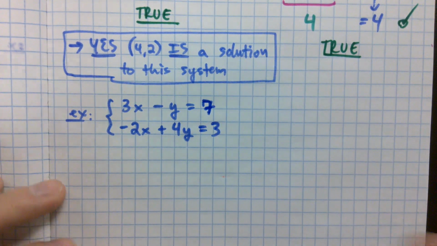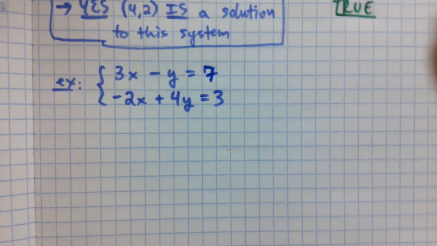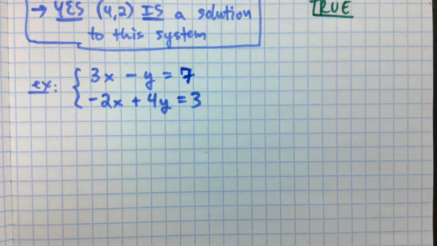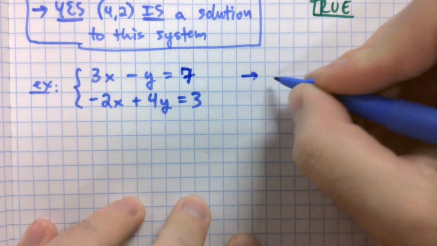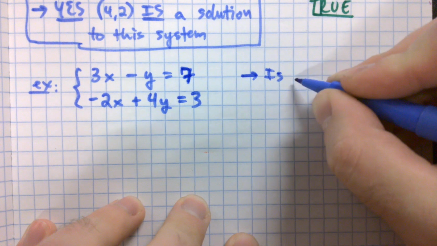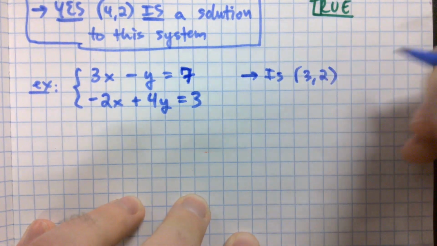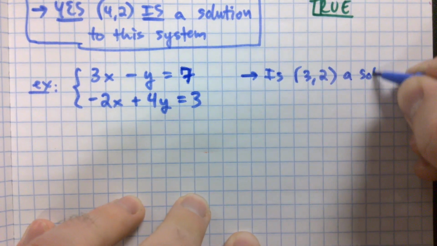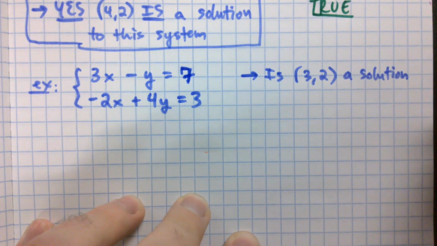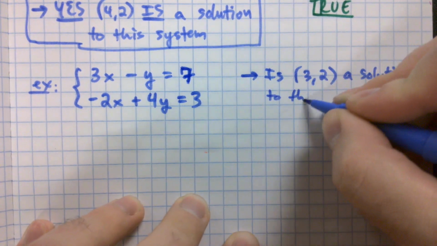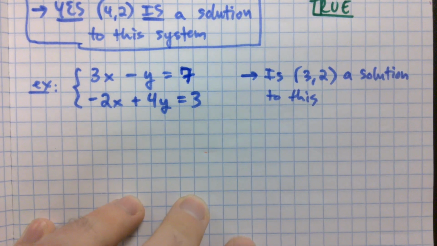Let's go with that. And we'll ask the question, is 3 comma 2 a solution to this system?